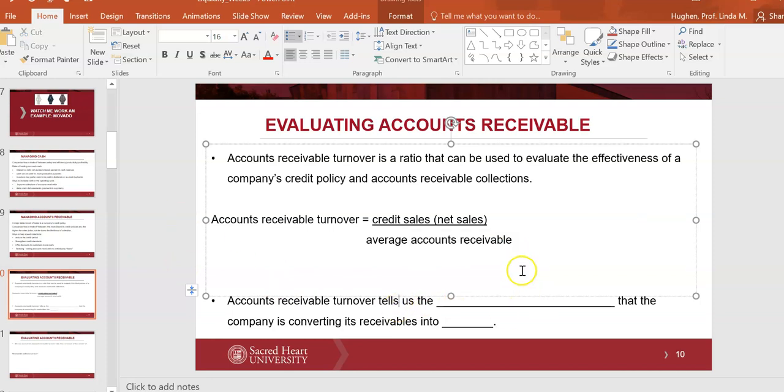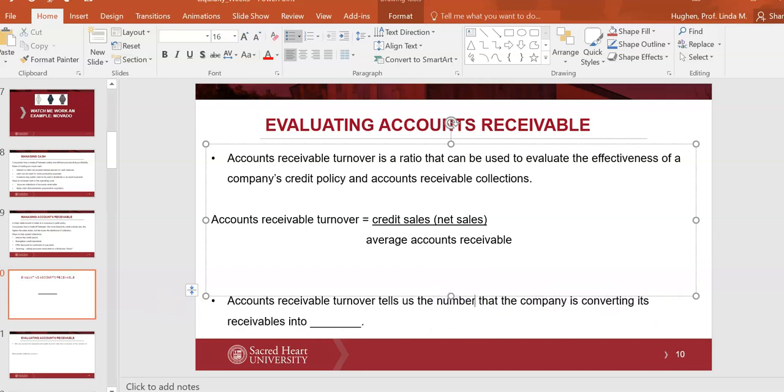Accounts receivable turnover tells us the number of times a year that the company is converting its receivables into cash.